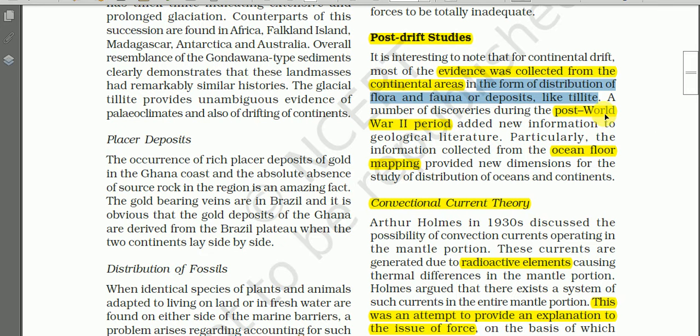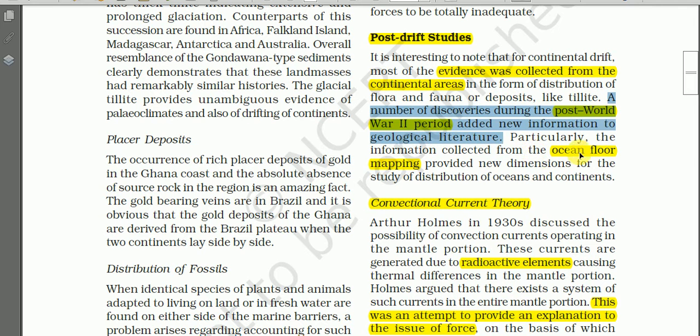A number of discoveries during the post-World War II period added new information to geological literature. Okay, a number of discoveries have been made after the Second World War and added new information to geological literature.